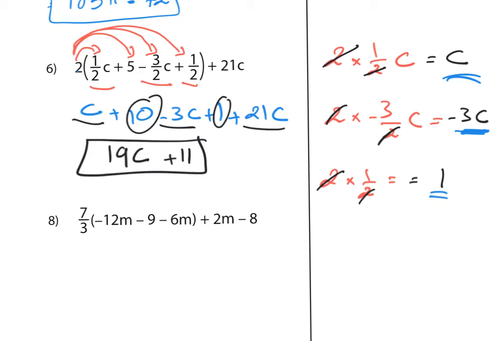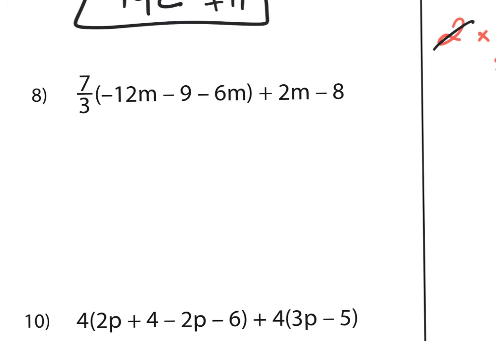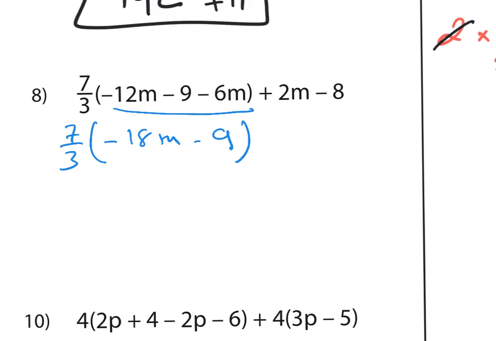So we have 7/3 and negative 12 minus 6, so it's going to be negative 18m minus 9 plus 2m minus 8.